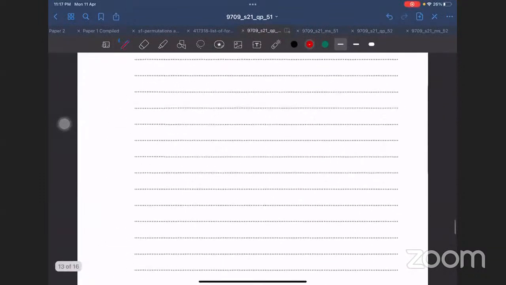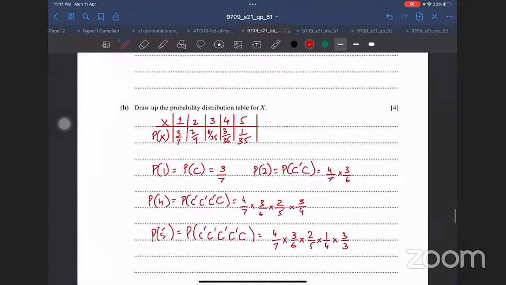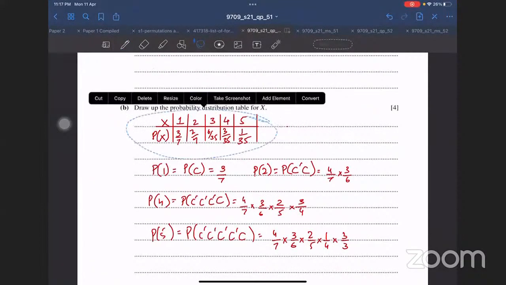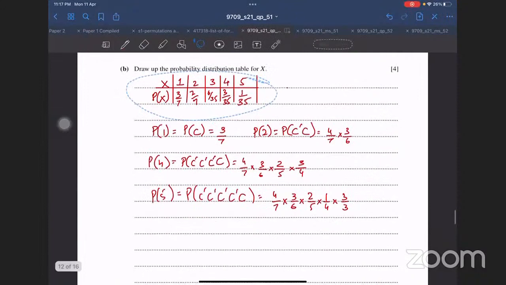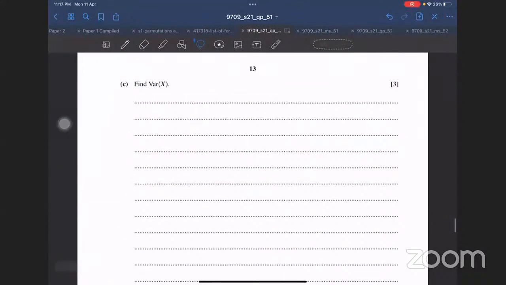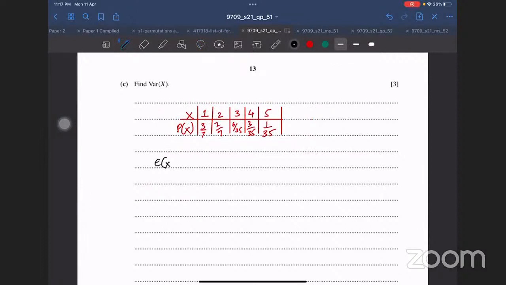Then it says variance of X. So let's just copy this table so that it's easier to write. For variance of X, I will also need the expectation of X. So first the expectation. Okay.